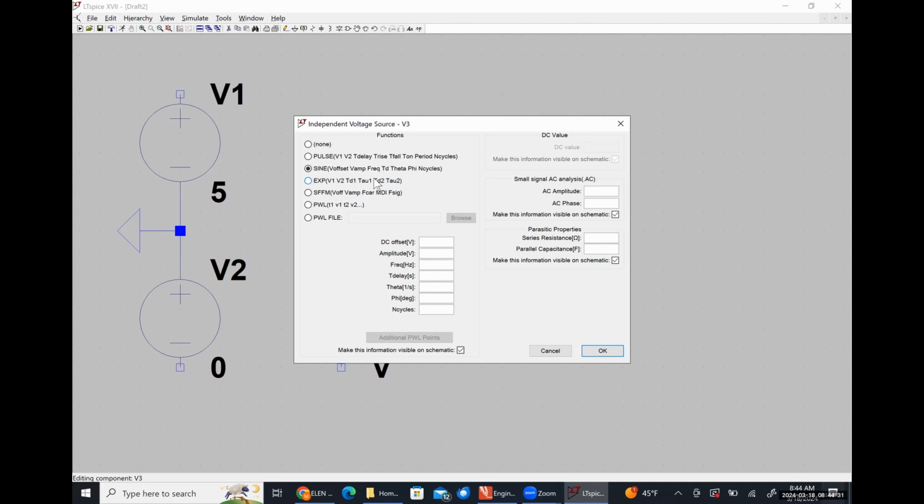So 2.5 volts. I agree with that. But I'm going to need to include a DC offset, because if I just left my amplitude at 2.5 volts, it would range from negative 2.5 to positive 2.5 over and over and over again. And I want to bring that up so that it ranges from 0 to 5. So what's my DC offset? Also 2.5 volts.